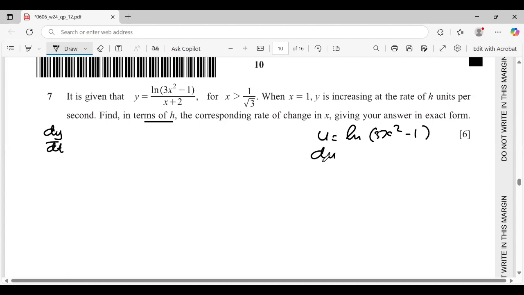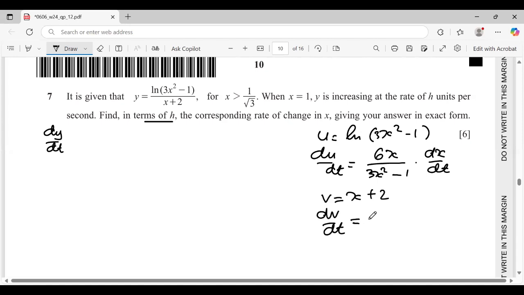So du/dt equals 6x over 3x squared minus 1 times dx/dt. And let v equal x plus 2. So dv/dt equals 1 times dx/dt.